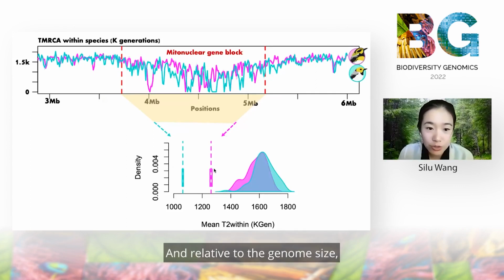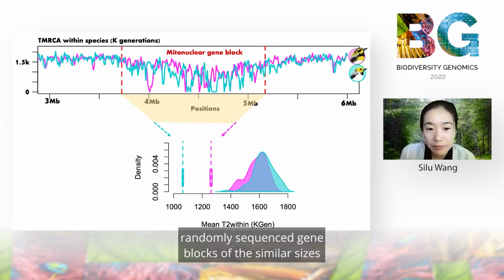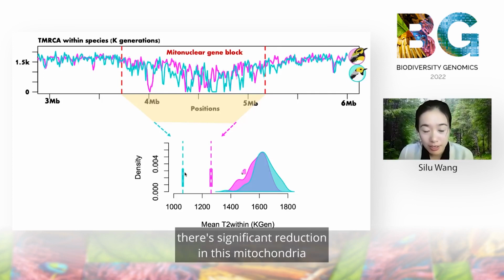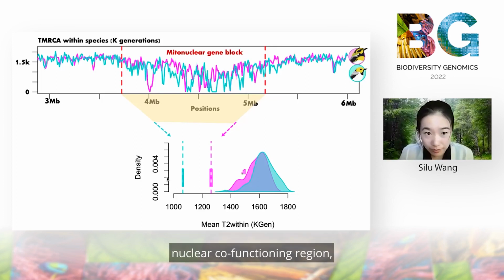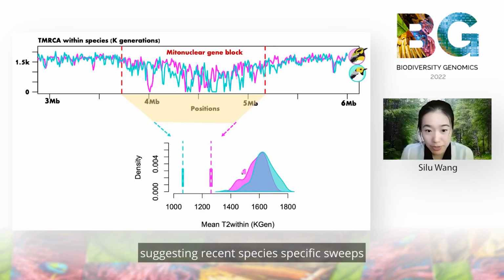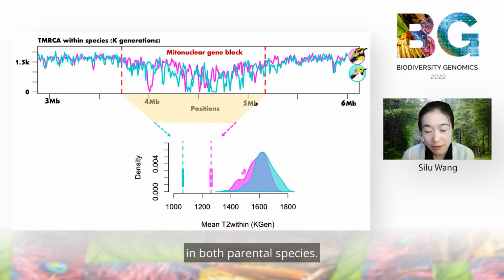Relative to randomly sampled gene blocks of similar sizes across the genome, there's a significant reduction in this mitochondrial nuclear co-functioning region, suggesting recent species-specific sweeps in both parental species.